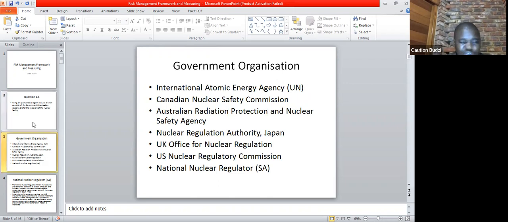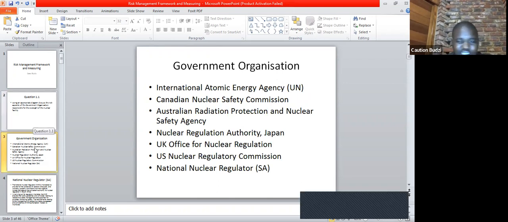So yeah, we are going to discuss the risk appetite. But before we discuss the risk appetite, we can have a look at some few government organizations in the world which are responsible for the management and oversight of nuclear plants.